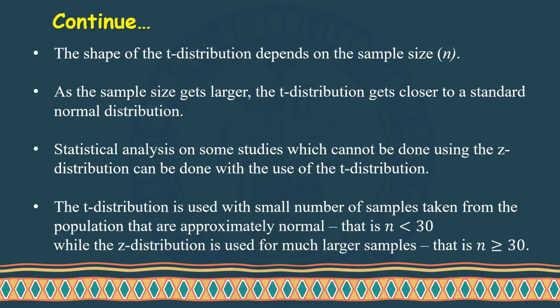The t-distribution is used with a small number of samples taken from the population that are approximately normal, that is, n, or the sample size, is less than 30, while the z-distribution is used for much larger samples, that is, n, or the sample size, is greater than or equal to 30.